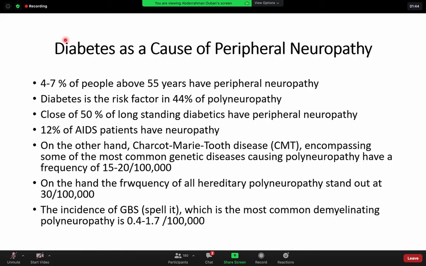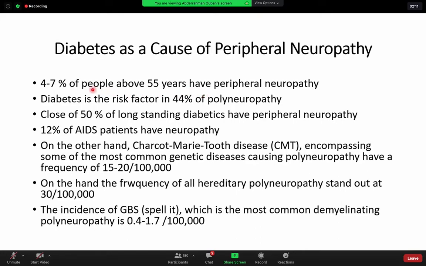So diabetes is actually a big number when it comes to causes of peripheral neuropathy. All right, and the number of people with diabetes, this is actually wrong, I apologize. It's up to 40%, up to 50% of people above 55 years of age have peripheral neuropathy.